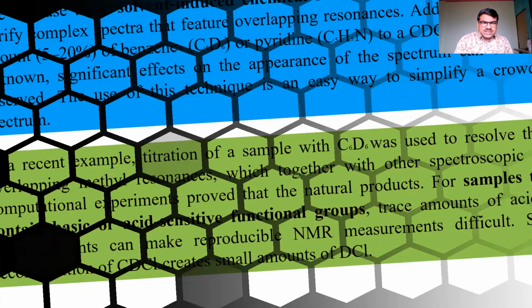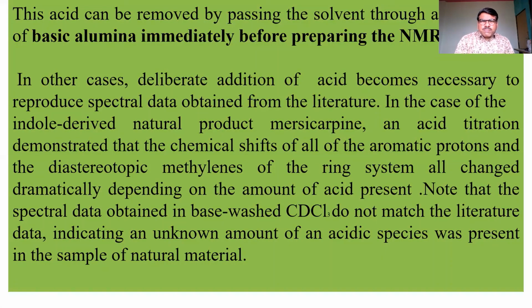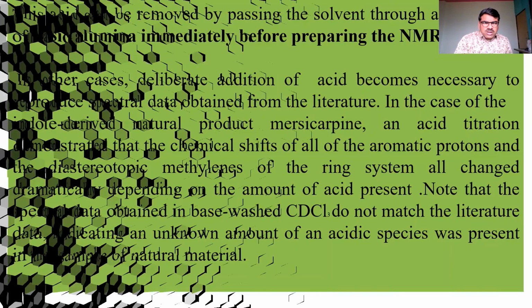If you look at this further part, the acid can be removed by passing the solvent through a small plug of basic alumina immediately before preparing the NMR sample. So you can change this solvent. Look at this, how it is there.